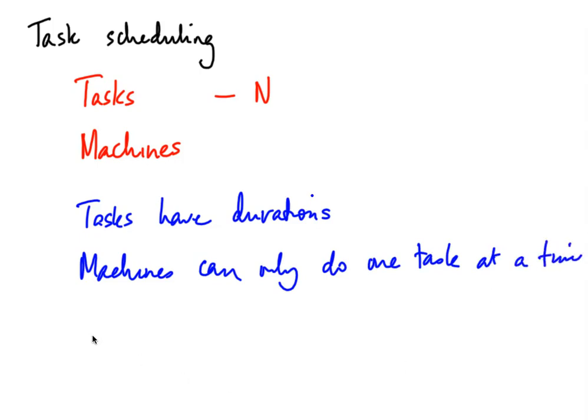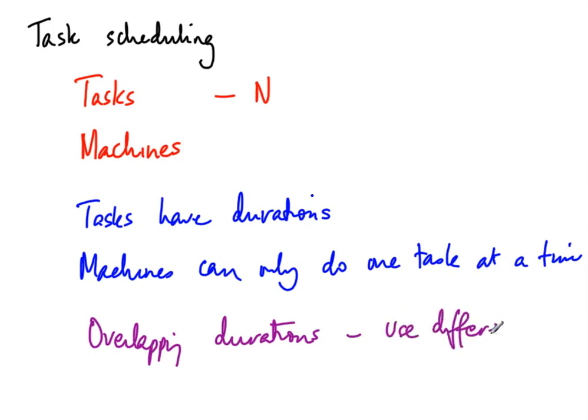So what this means is that if you have overlapping durations, you must use different machines. So in the worst case, if all the tasks overlap, then for these n tasks, you would need n machines at most, because you can assign each task to a different machine.